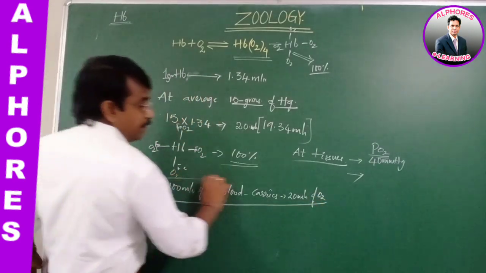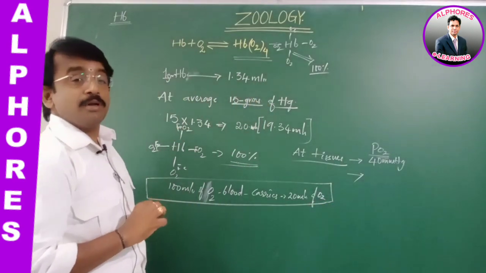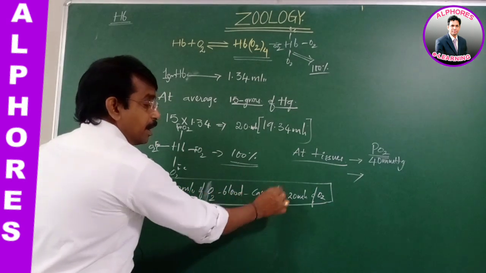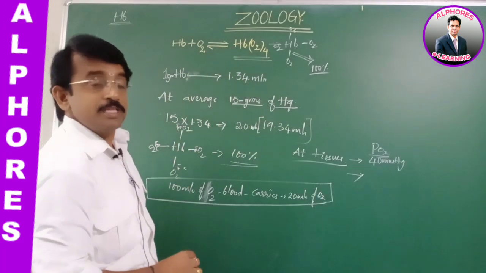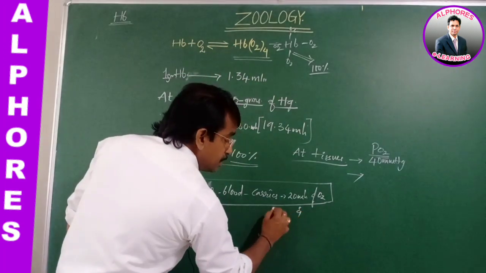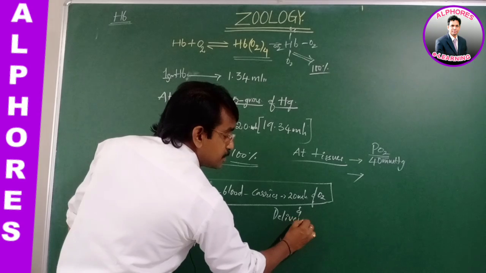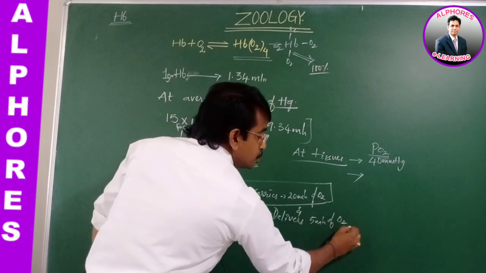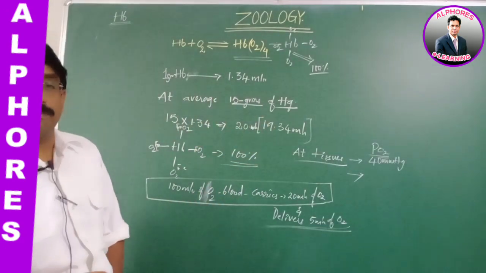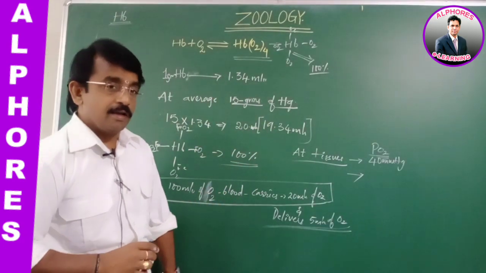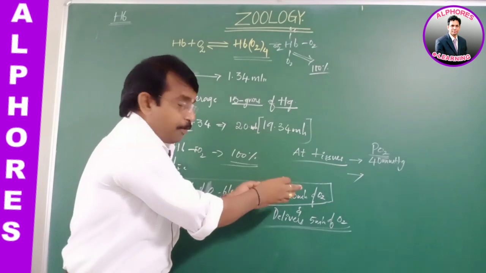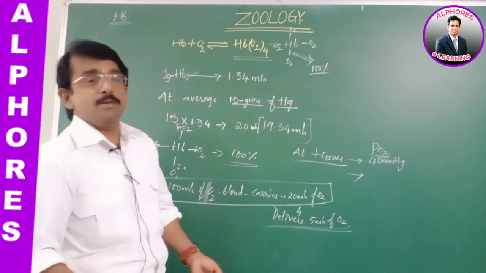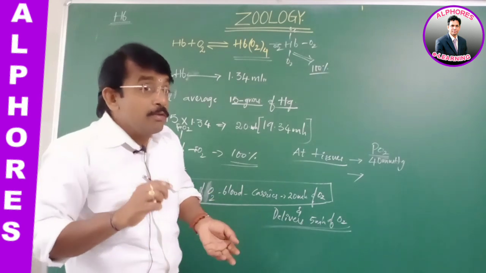This is a very, very important point to remember. 100 ml of oxygenated blood carries 20 ml of oxygen and delivers 5 ml of oxygen to the tissues, right? So out of 20 ml of oxygen, 5 ml is unloaded, delivered. What do you mean by that?